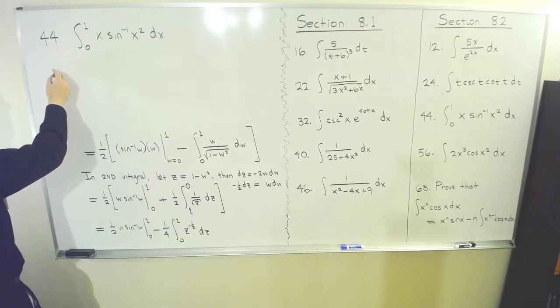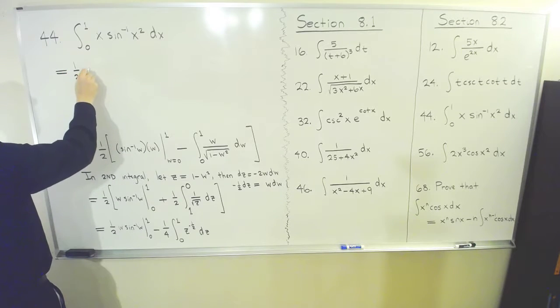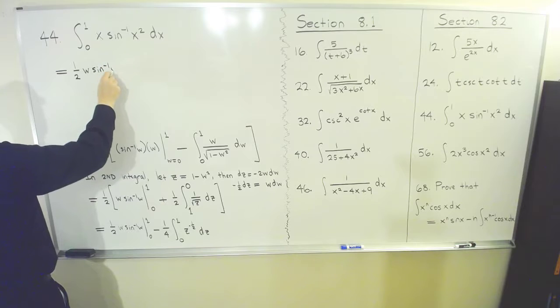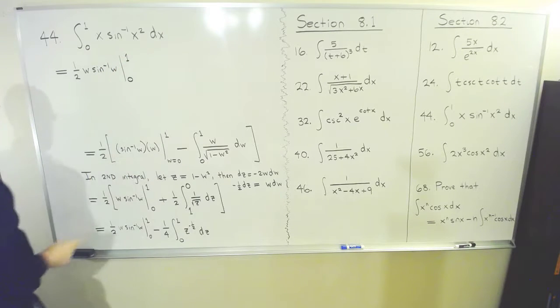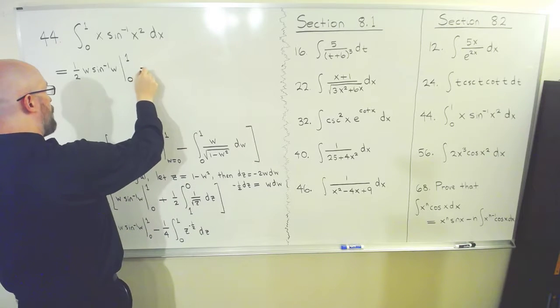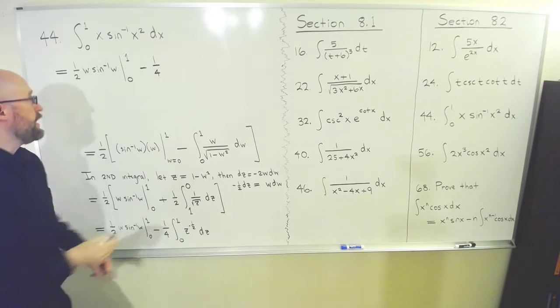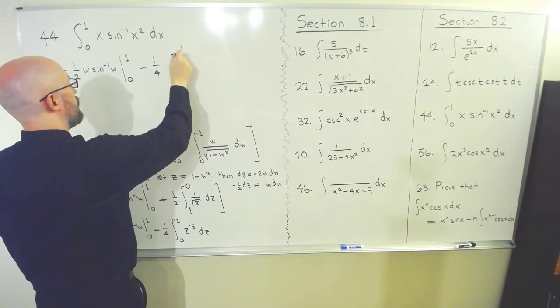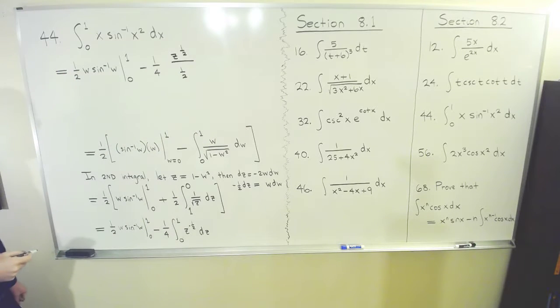So this is equal to 1/2 w sine inverse w, evaluated from 0 to 1. And then what I am going to have here is a minus 1/4. And then I'm going to have now z to the 1/2 divided by 1/2. That's the power law for integration.